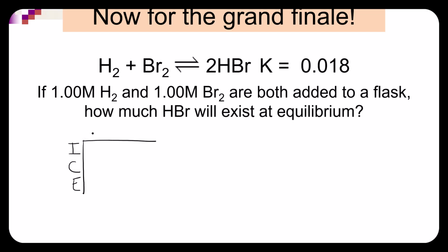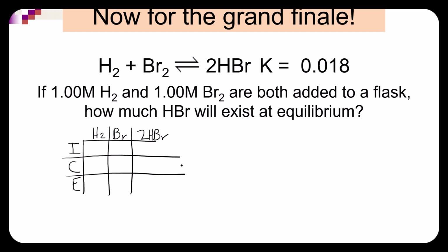We're going to put our reactants and products on the top: hydrogen, bromine, hydrobromic acid, and I like to put the coefficient in there. Initially, we had 1 molar hydrogen and 1 molar bromine, so 1.